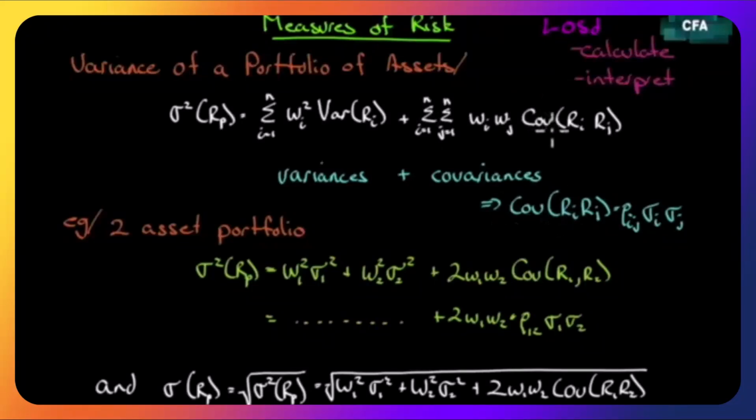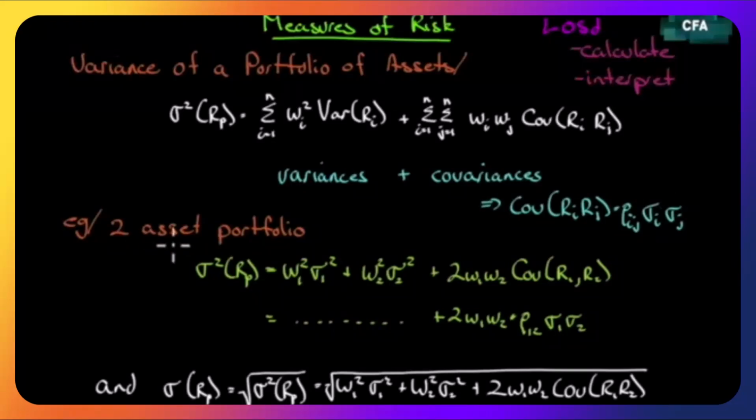And covariance Ri, Rj can also be arrived at by finding the standard deviation of i and the standard deviation of j, multiplying them together, and then multiplying them by the correlation. Further, if we know the covariance between Ri and Rj, and we know the standard deviation of asset i and j, we can always find the correlation, which we'll do shortly.